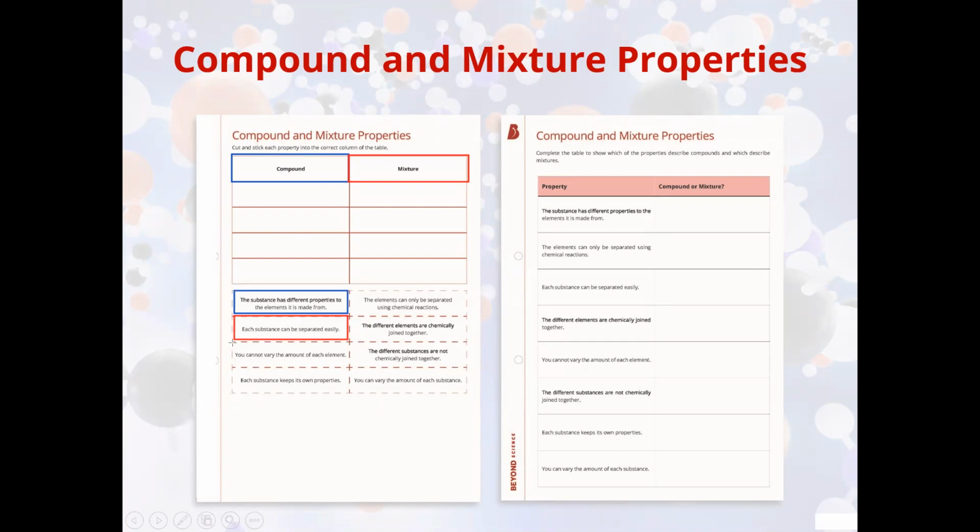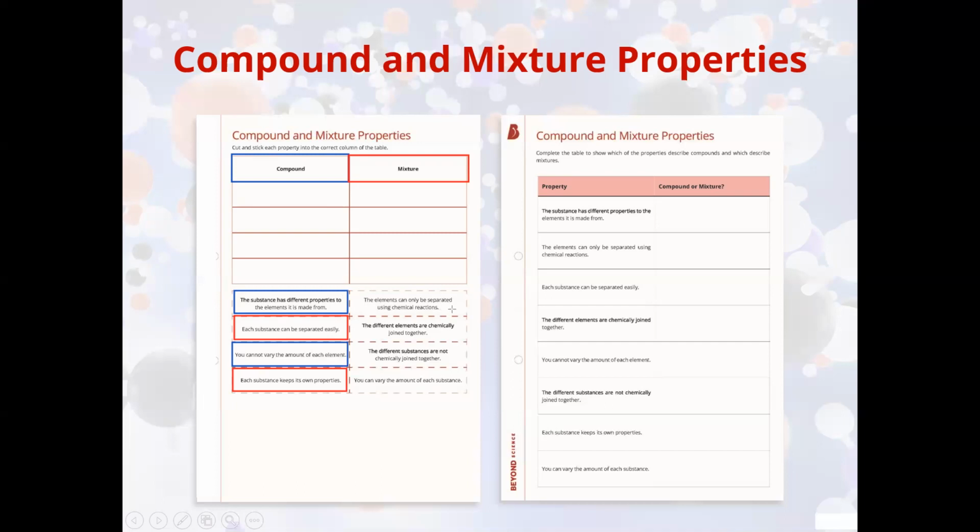That is a compound. With a mixture, you can add as much as you want to for each one. Each substance keeps its own properties. That is a mixture. And you see, the opposite here was for a compound, the substance has different properties to the element it is made from.